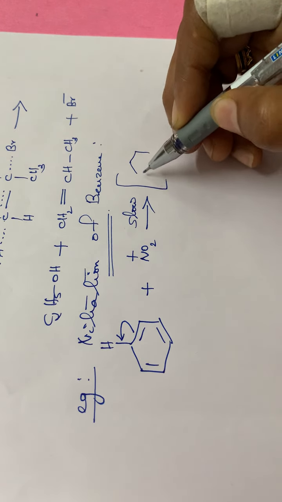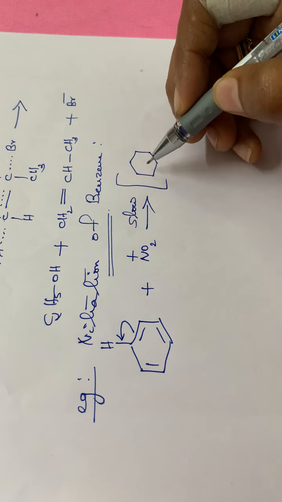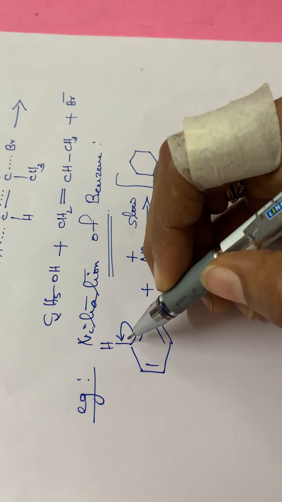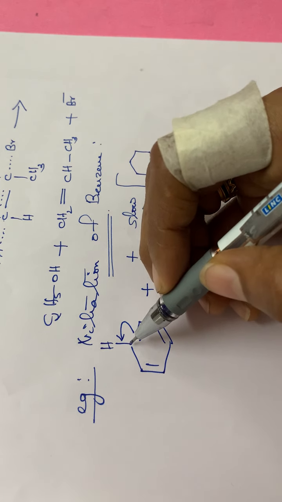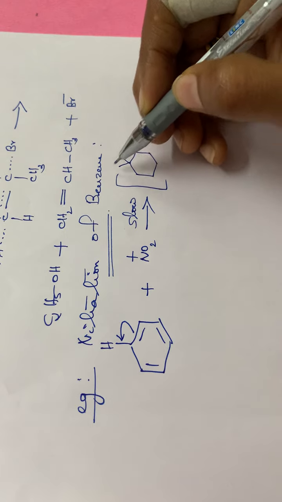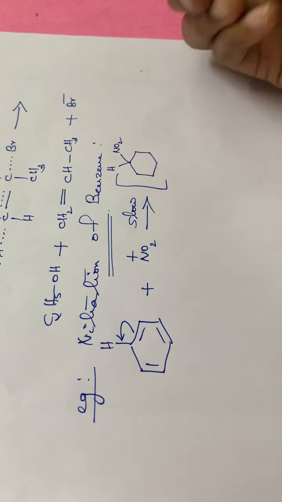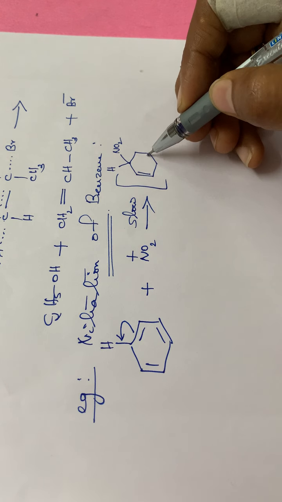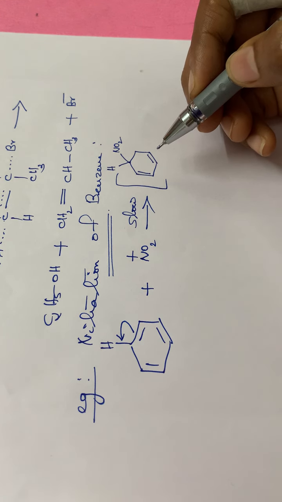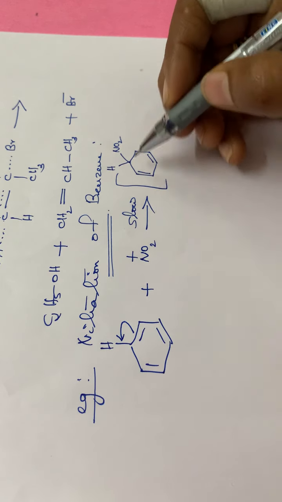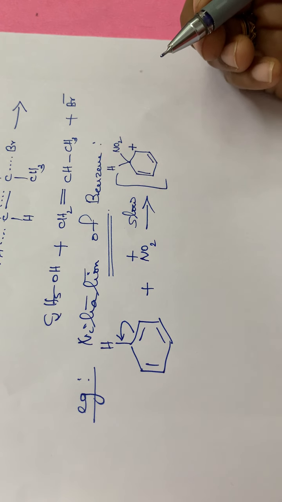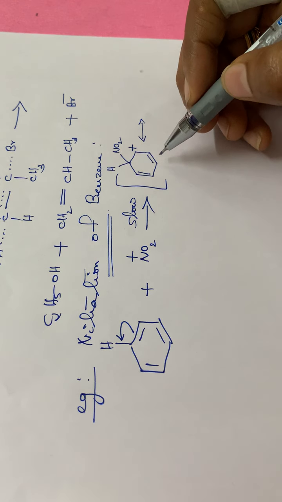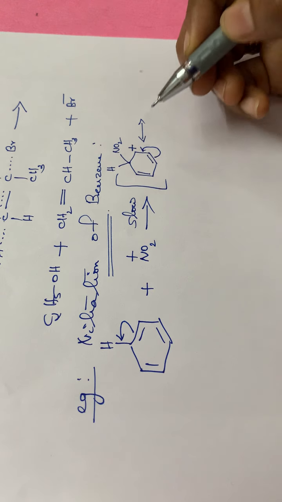While this electron pair is shifted, this carbon atom will be getting a negative charge and there this NO2 plus will be attacking. Okay, so this hydrogen atom, then NO2 plus will be joined here. So the remaining will be a double bond here, then a double bond at this position. And this carbon atom, since the electron pair is shifted, will be getting a positive charge. Then what will be the next resonating structure? In order to neutralize this positive charge, this electron pair will be shifting to this position.